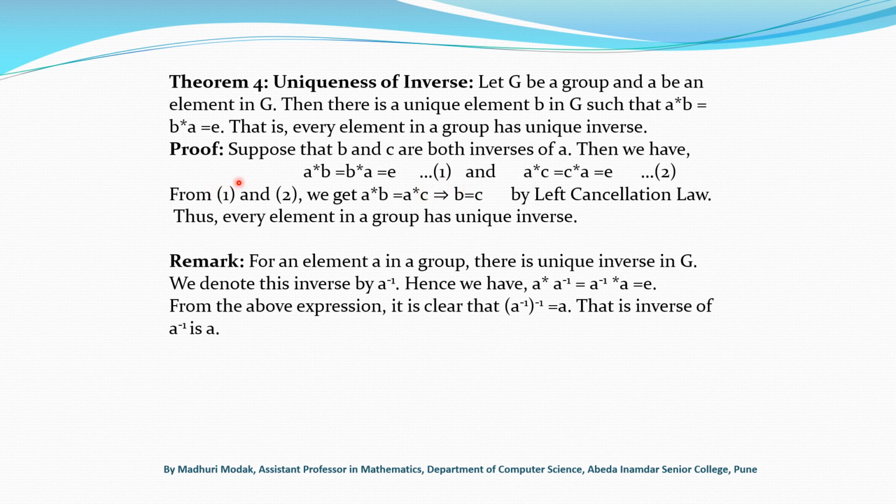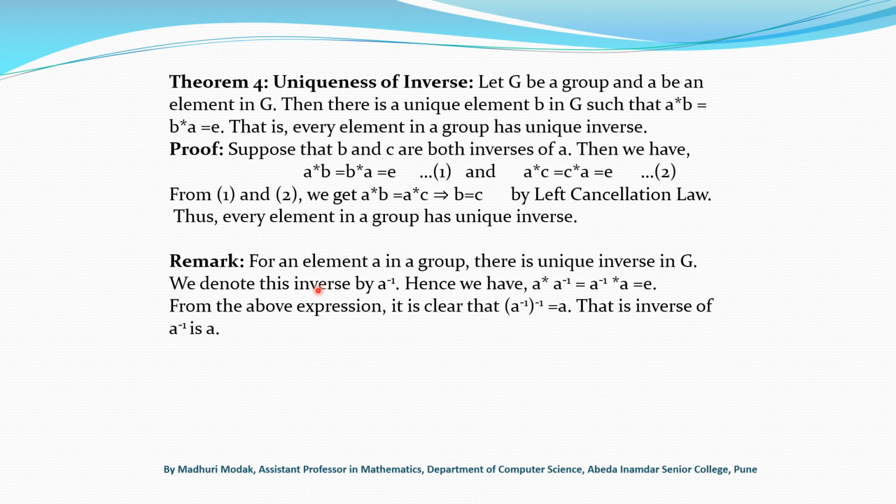So we consider A star B equal to A star C. Now to the left of star it is A, here also A. So we can use the left cancellation law as it holds in any group. By using the left cancellation law, we cancel A from both sides. We get B equal to C. So we assumed that B and C are two inverses of A, but we got B equal to C. Hence, every element in a group has a unique inverse.